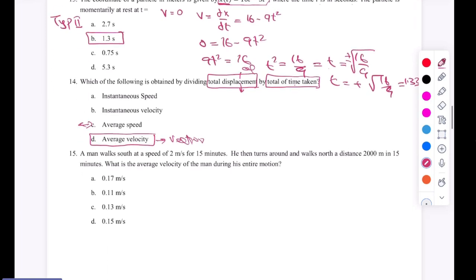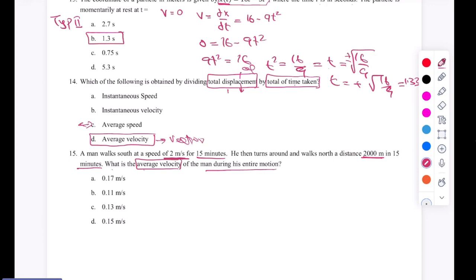Okay, let's move to the next question. A man walks south at a speed of 2 meters per second for 15 minutes. He then turns around and walks north 2000 meters in 15 minutes. What is the average velocity of the man during the entire motion?